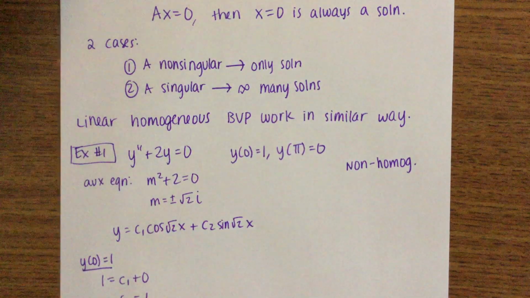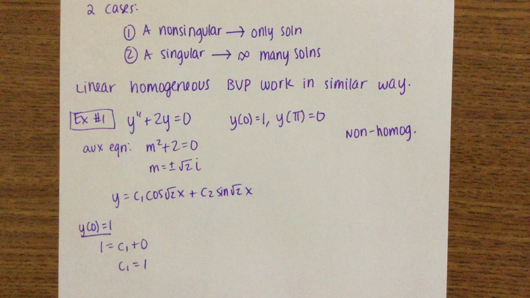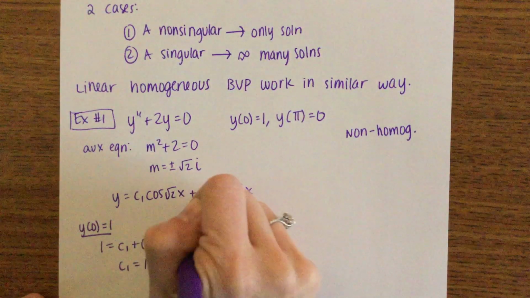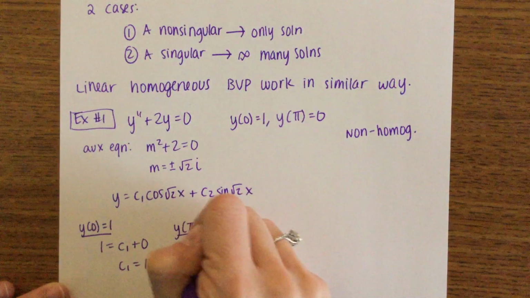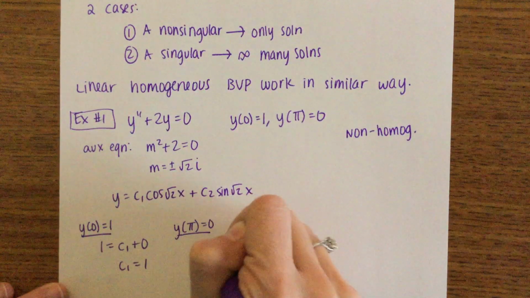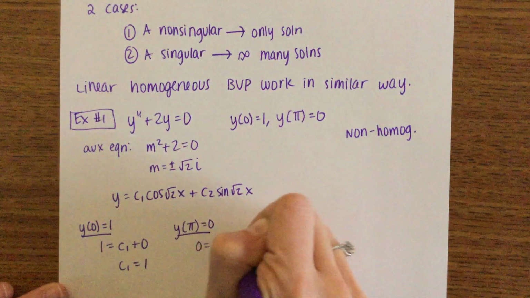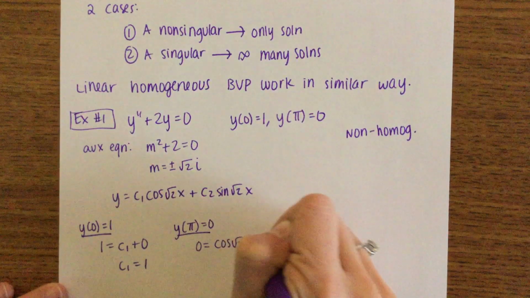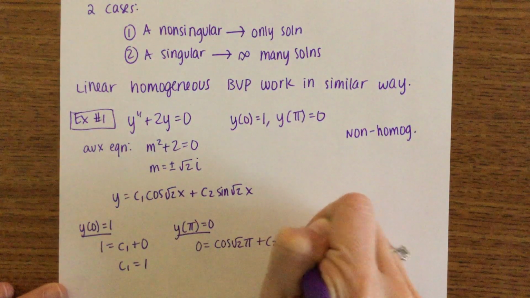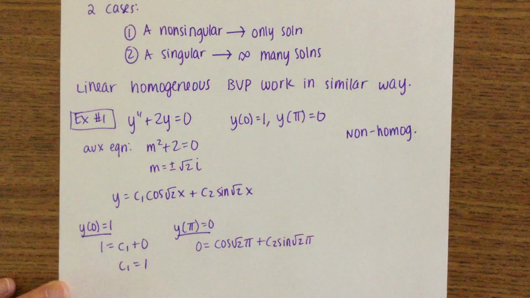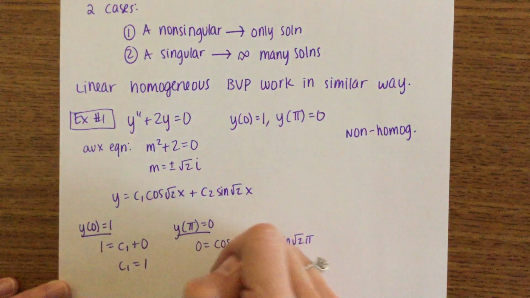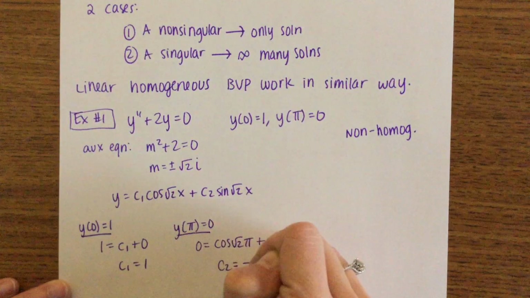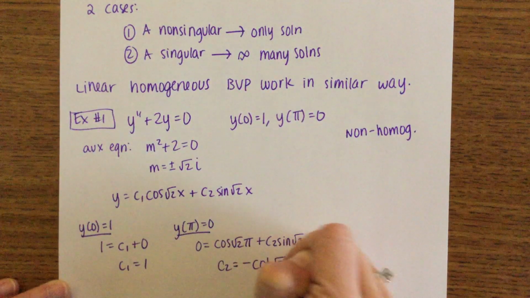Then if we look at y of pi equals 0, we get 0 equals cosine of root 2 pi plus c2 sine of root 2 pi. So if we move the cosine over and divide by sine, we get c2 is negative cotangent of root 2 pi.